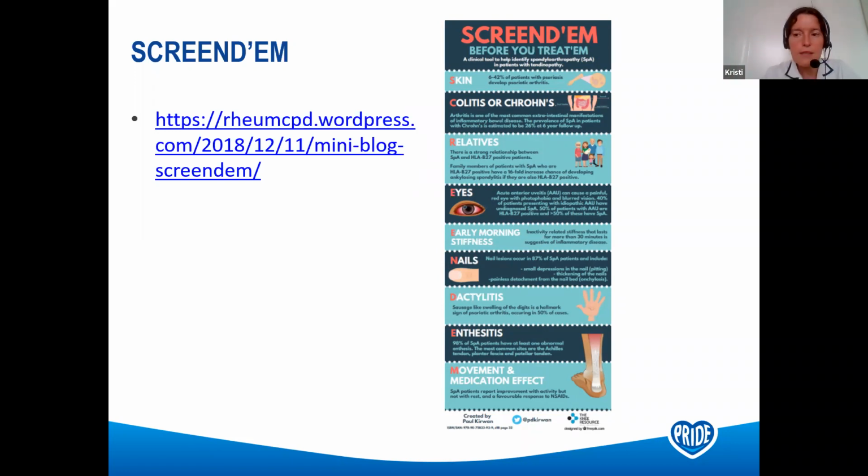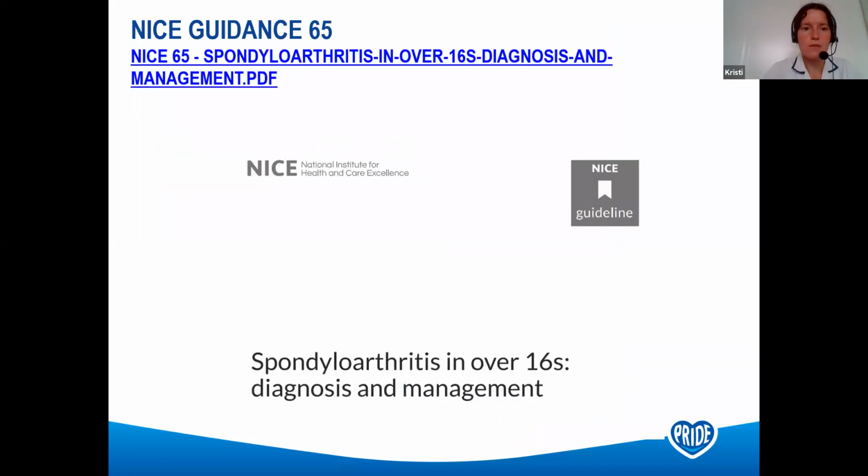Are we getting inflammation in the eyes? This anterior uveitis obviously won't resolve with your antibiotics. They need urgent steroid input to settle that down. Early morning stiffness is next. Then nails, which I've not talked about, and swollen fingers, enthesitis, and the medication effect. So if you like your little tools, or you want to stick something up on the wall, there are some things there that you can use.